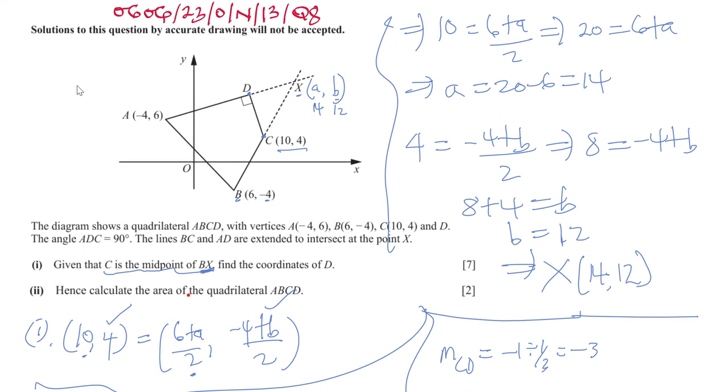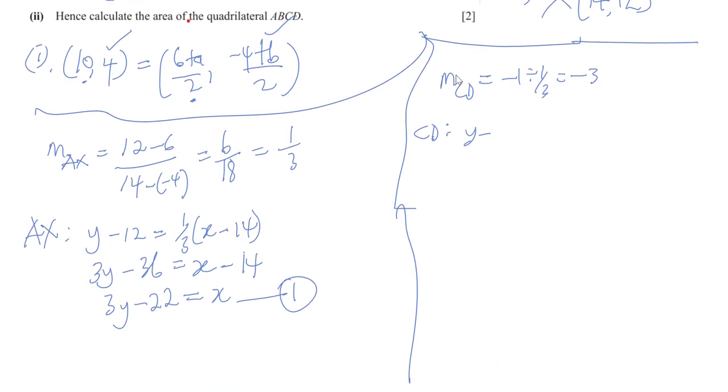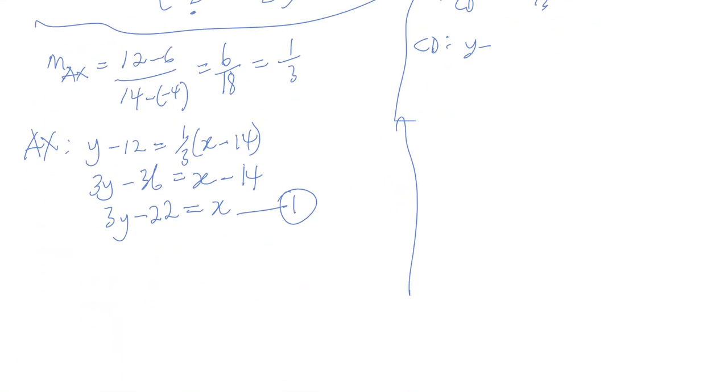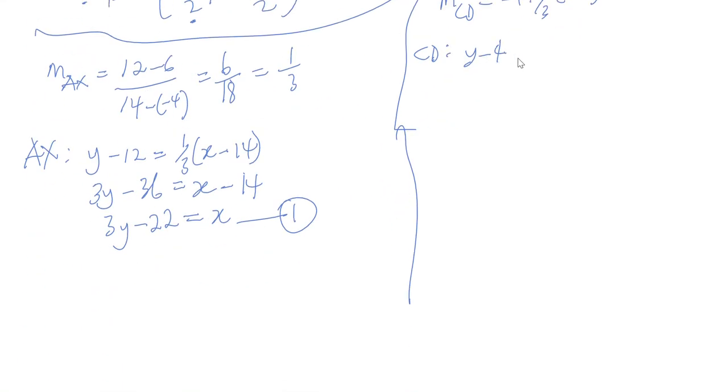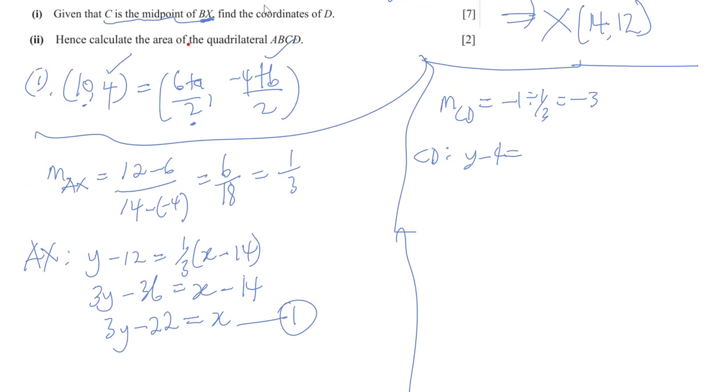So the equation of line CD, y minus y1. Now pick a point that lies on CD. The point C lies on CD, so we substitute s equals 10, y equals 4 into the general equation of a straight line. y minus y1, that's 4, equals gradient of CD, which is -3, multiply s minus s1.